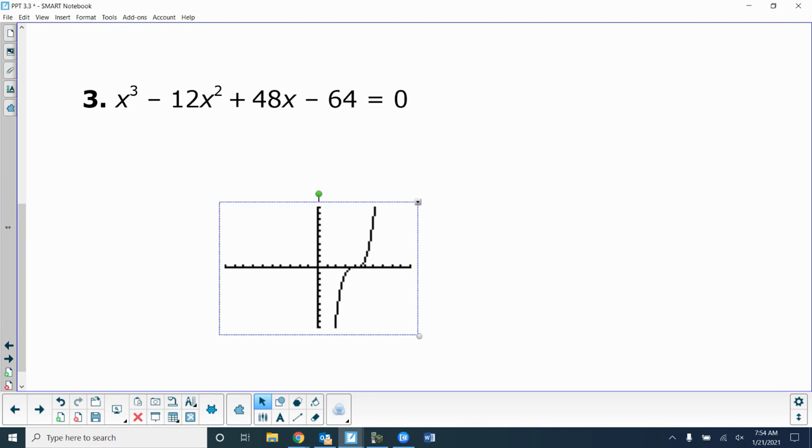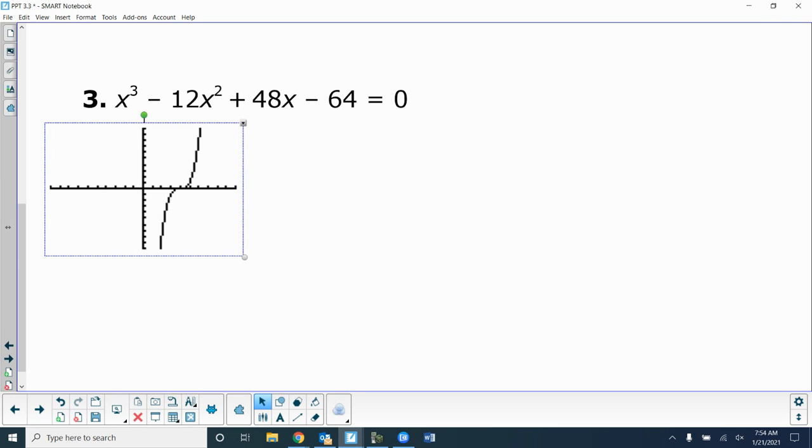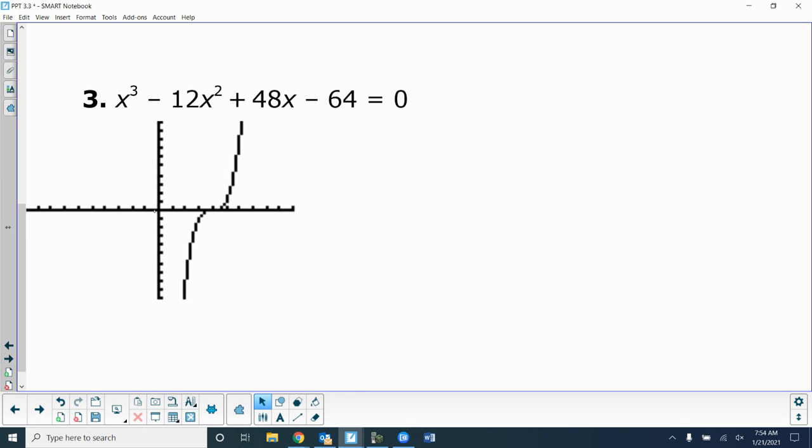And since my degree of this polynomial is 3, this number, which looks like 4, there's only 1 zero, but it's going to work 3 times. Okay, so that's all multiplicity means.